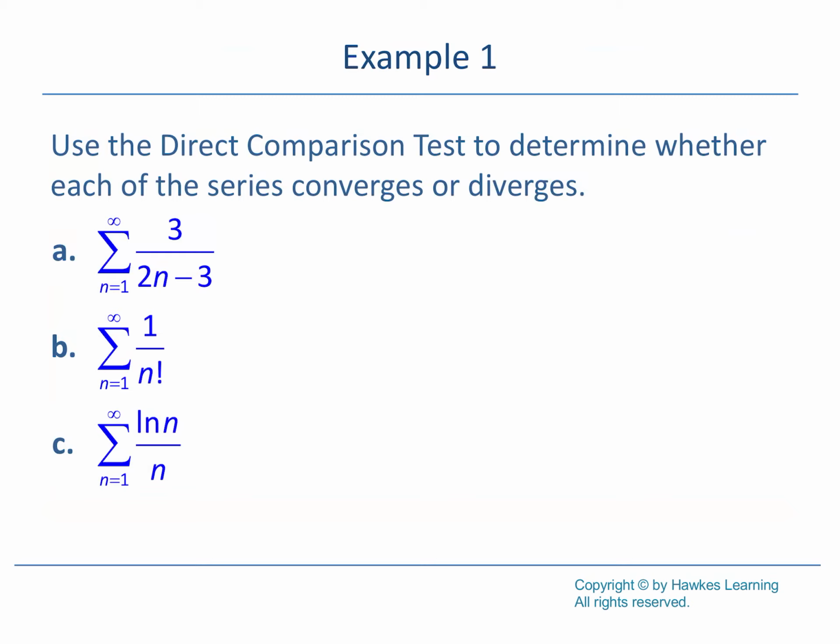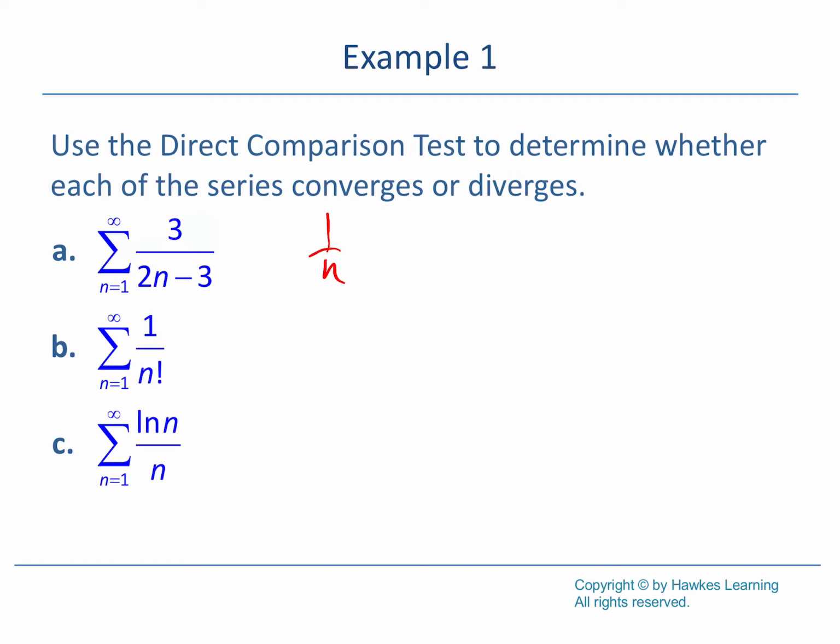This first one, part A, kind of looks a lot like the harmonic series, 1 over n, right? At least in terms of the powers of everything involved here. Kind of looks like 1 over n. And so maybe that one diverges. That's a hunch. This one, part B, with the factorial in the bottom, a factorial is a product, right?